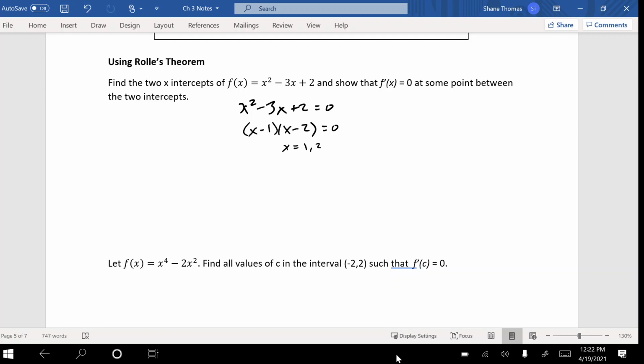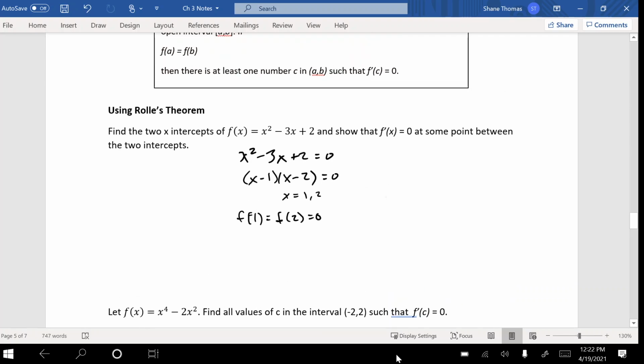Now, f of 1 is equal to 0, and f of 2 is equal to 0 if I plug it back in. So therefore, f of 1 is equal to f of 2 because they're both 0.